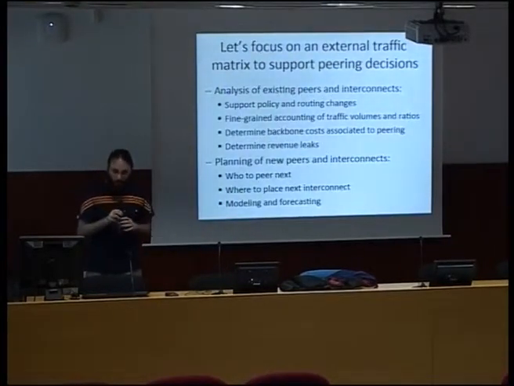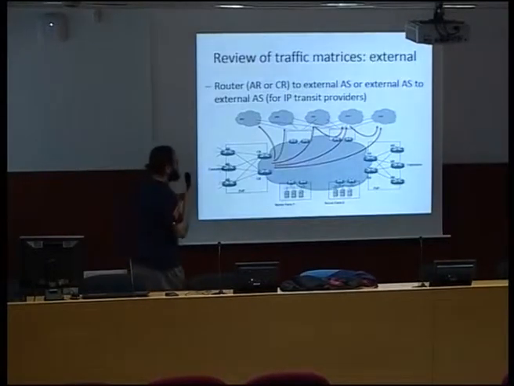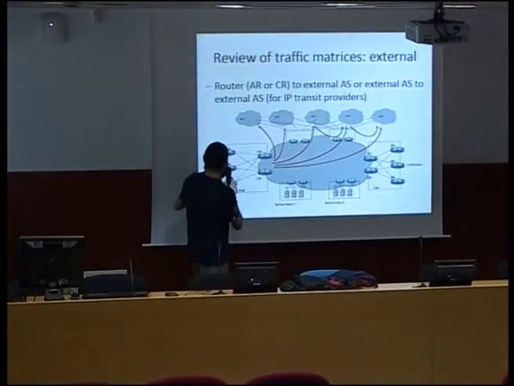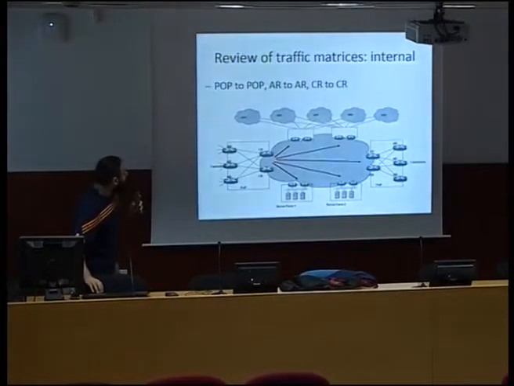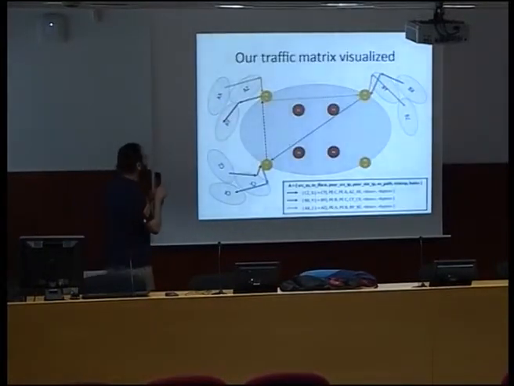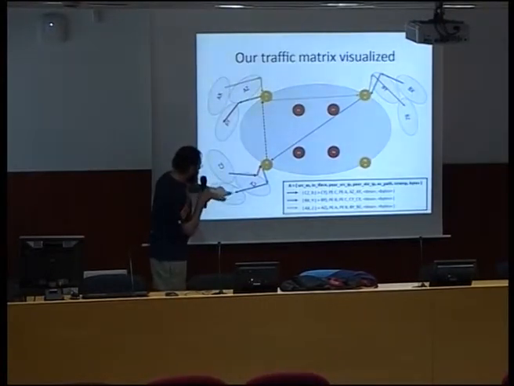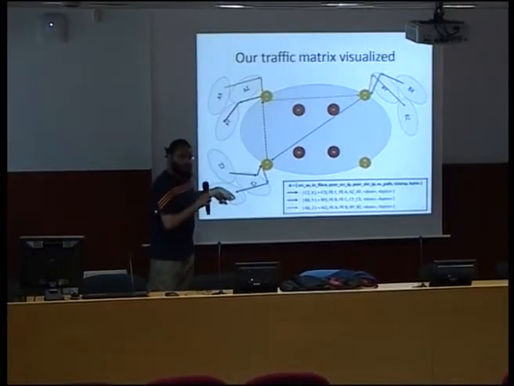Because what you can recognize in this traffic matrix is that you are exchanging a lot of traffic with this entity over here, which is not directly connected to you, right?